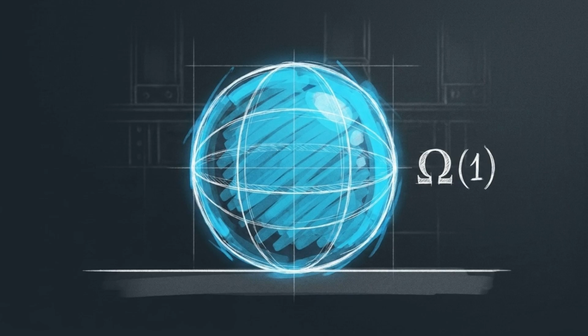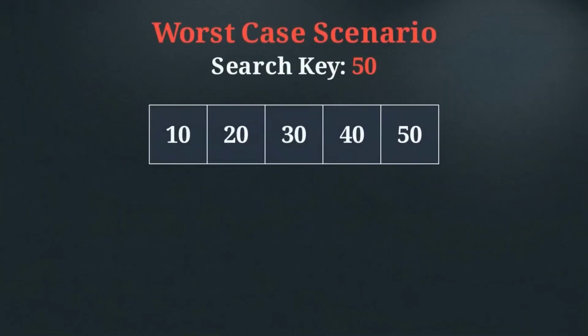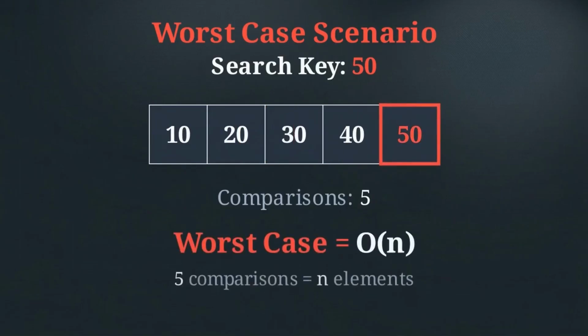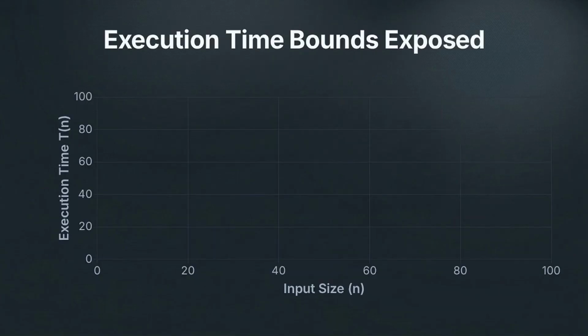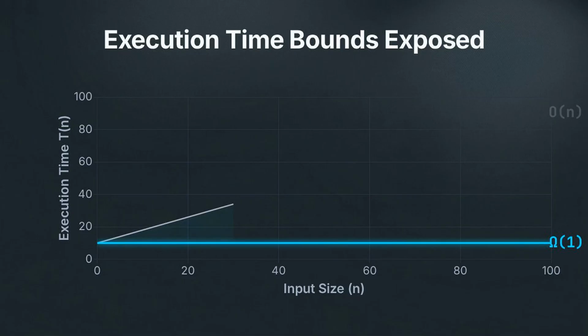Because this search terminates after a single step, its minimum time complexity is strictly constant, omega of 1. Contrast that with the worst-case scenario. The target key is buried at the extreme end of the array, or missing completely. Missing the target early forces the search to continue n times, establishing a linear ceiling, O of n.